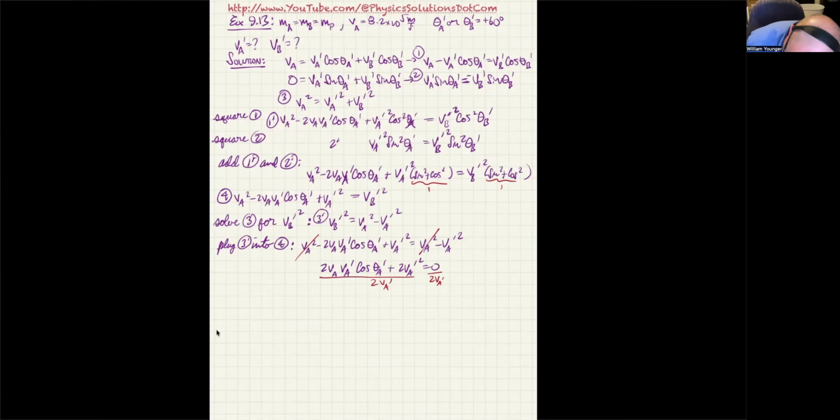And when I do that, I get minus va cosine theta A prime plus va prime is equal to 0. And that allows me to figure out what va prime is.